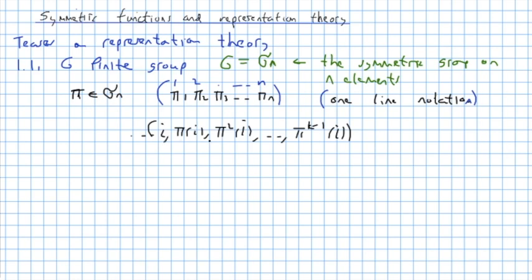I goes to pi of i, then it goes to pi composed with pi of i, and so on. And this is indicating that pi to the k of i is back to being i. Okay? And this is the cycle notation.